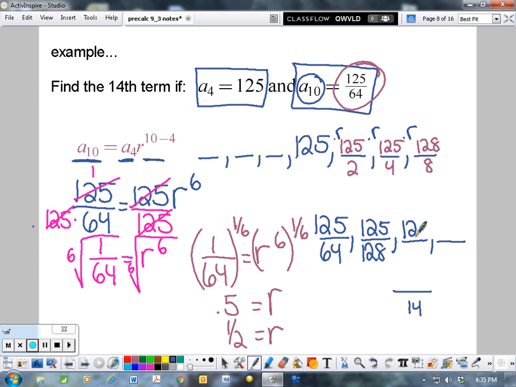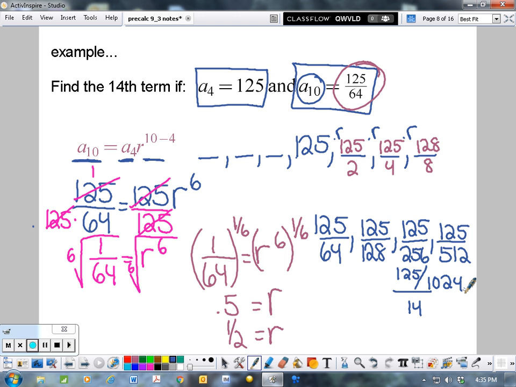And then 125 over times by 2, 256. And then 125 over times by 2 again, 512. And then times by 2 again, so this is going to be 125 over 1024. So that's how the pattern goes.